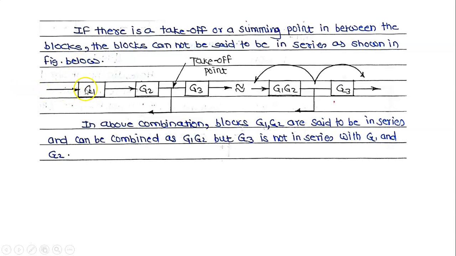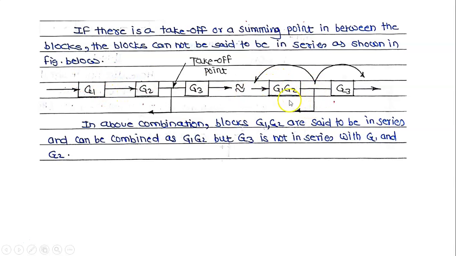This is the input signal, then this G1 block is there, connected to the G2 block. In between G2 and G3 this takeoff point is there, or this feedback signal is taken off. Now we will see, since these two blocks are directly connected with each other, these two blocks will form one block, that is G1 G2.